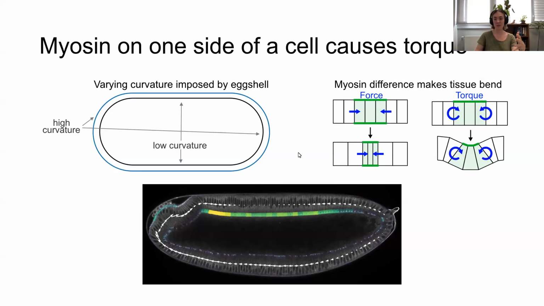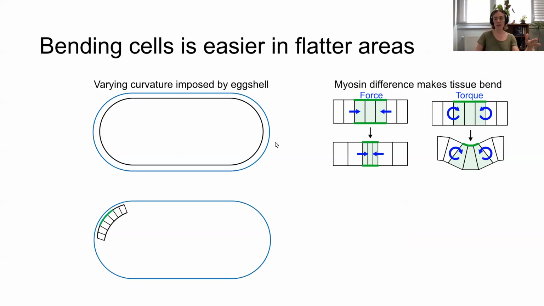So what happens if you take into account these two different features of the embryo that we've up to this point neglected? First, we can think intuitively about what happens if you have a patch of cells that has myosin on one side and wants to bend inward, and there's an embryo that has varying curvature around the outside. First, we can put this patch of cells on the region that's highly curved.